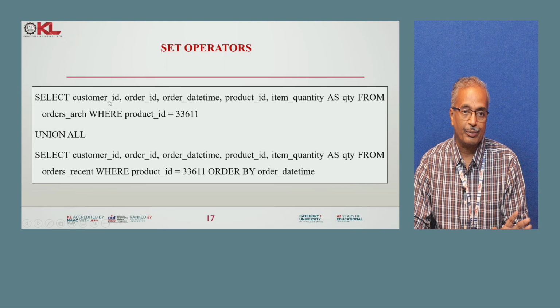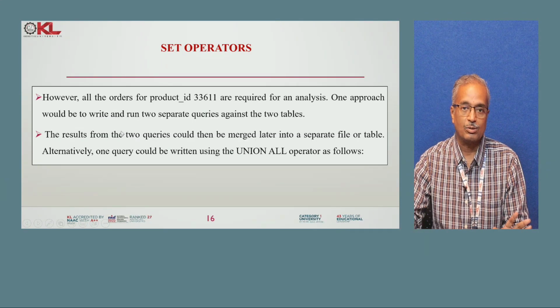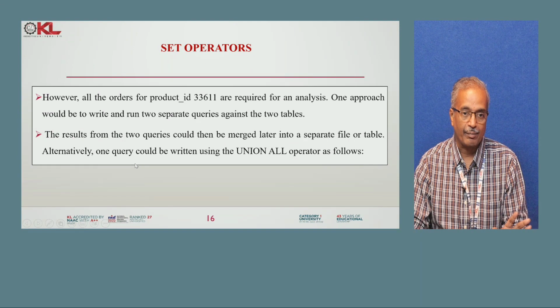Here you can see UNION ALL. The UNION ALL queries merge the data later into a separate file or table. Alternatively, one query could be written using the UNION ALL operator.